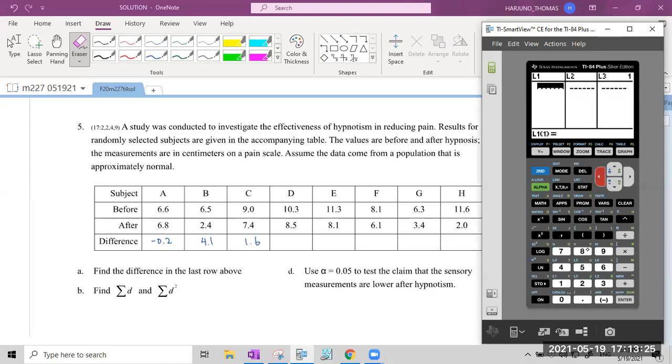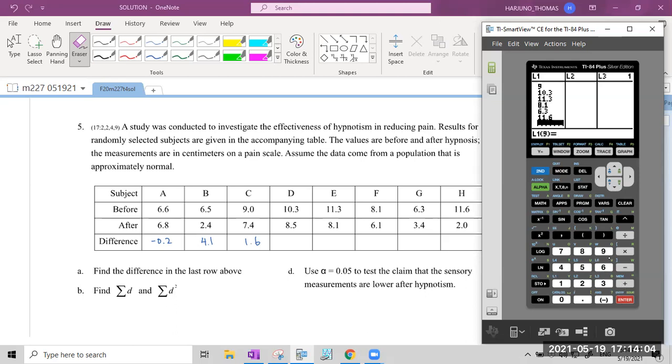So list 1 will be the numbers from before, 6.6. That's the first data. 6.5, the second data. 9.0, the third data. 10.3, the fourth data. 11.3, the fifth data. 8.1, the sixth data. 6.3, the seventh data. 11.6, the eighth data.